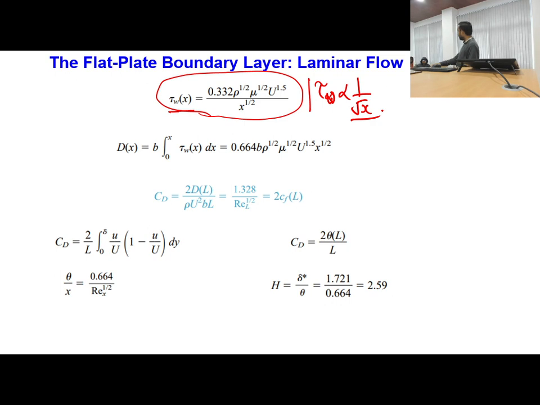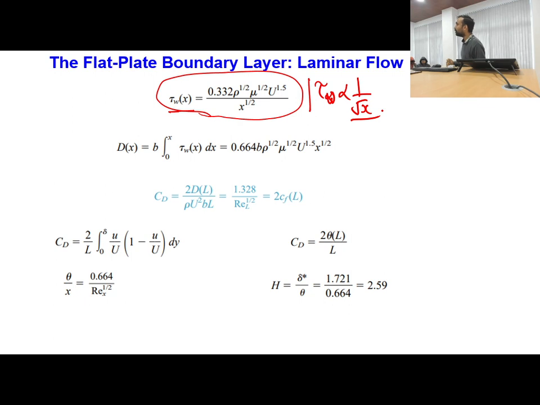In case of laminar flow for ducts, wall shear stress was independent of the length of the duct. Here it is inversely proportional to the length. Second important point, wall shear stress in case of laminar flow was what?